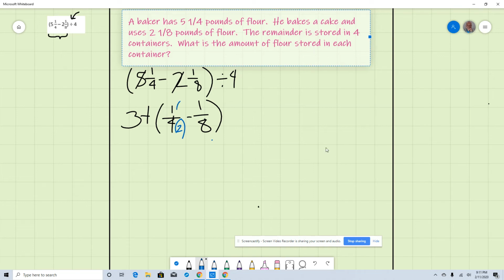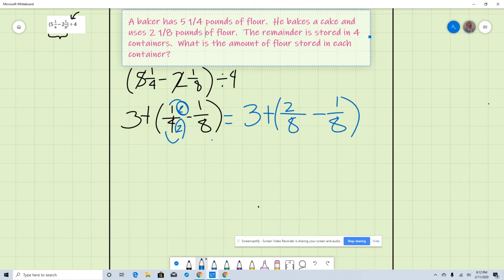And so we multiply the denominator by 2 and the numerator by 2. So now we can rewrite this. So it's going to be 3. That's the remainder. And we're going to write now 1 times 2 equals 2. And 4 times 2 equals 8 minus 1/8.